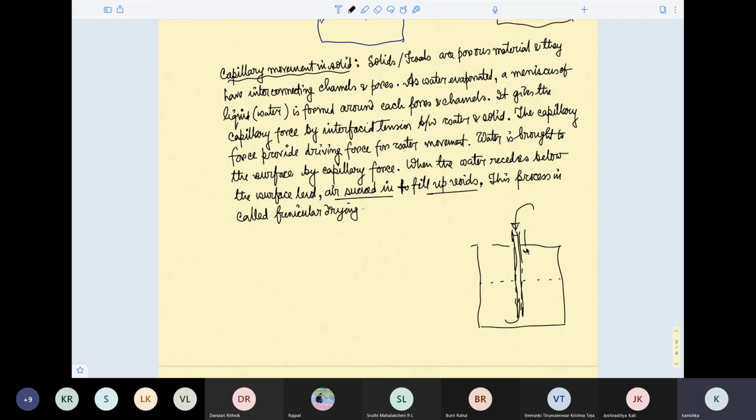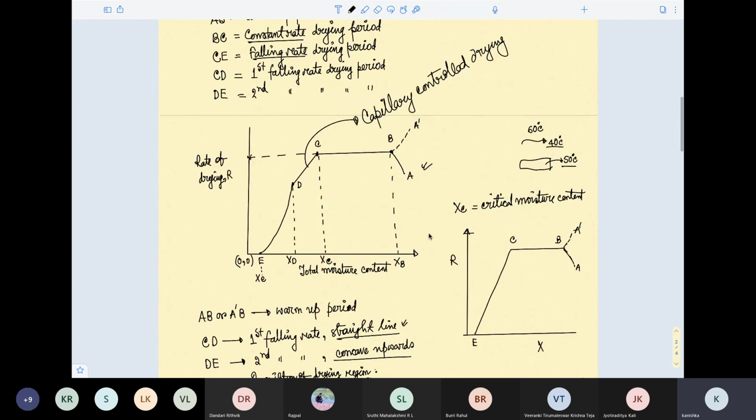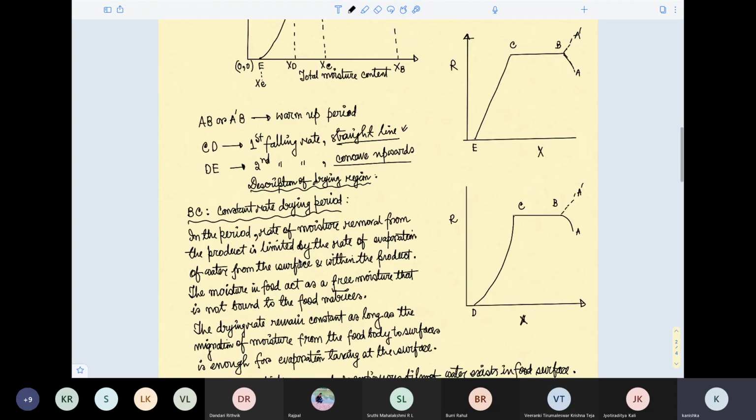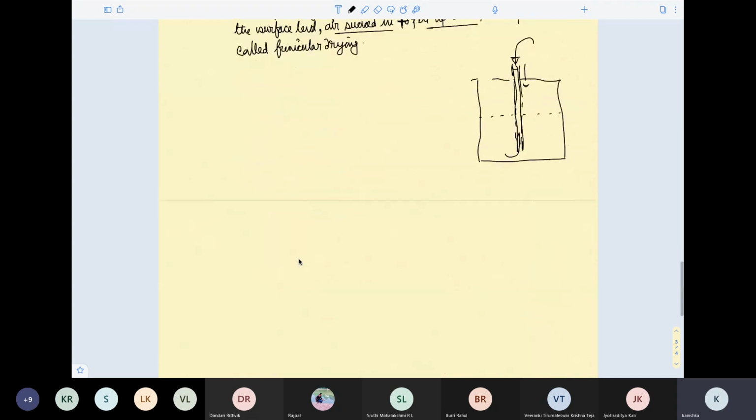When it reaches, let's say, point D, at a sufficiently low amount of moisture, from D to E there is another mode of water movement, called the diffusion controlled one. Now we will talk about the diffusion controlled one.